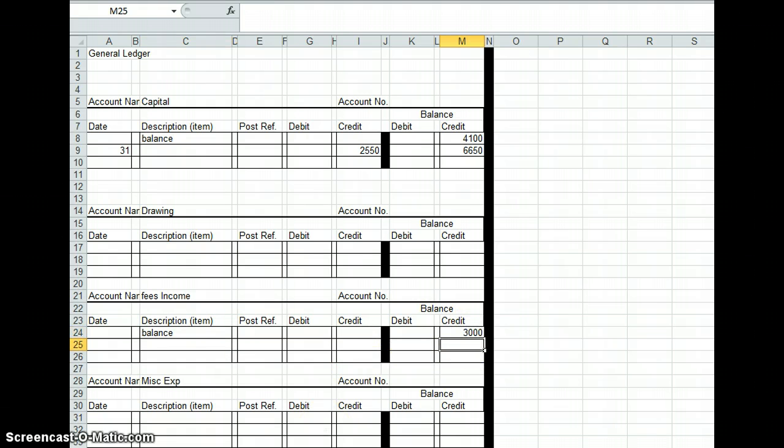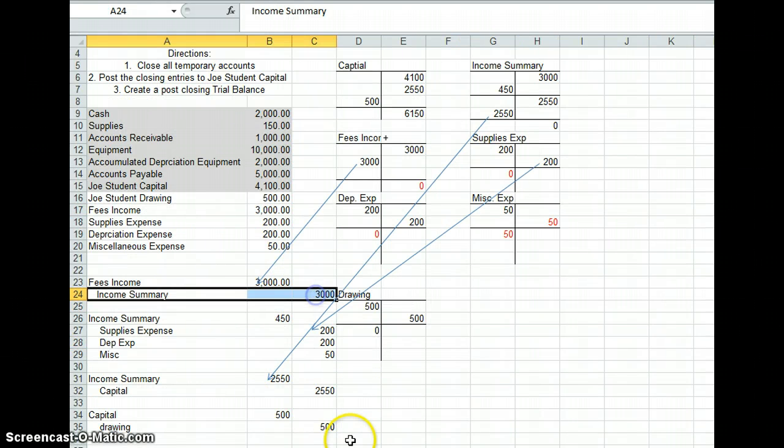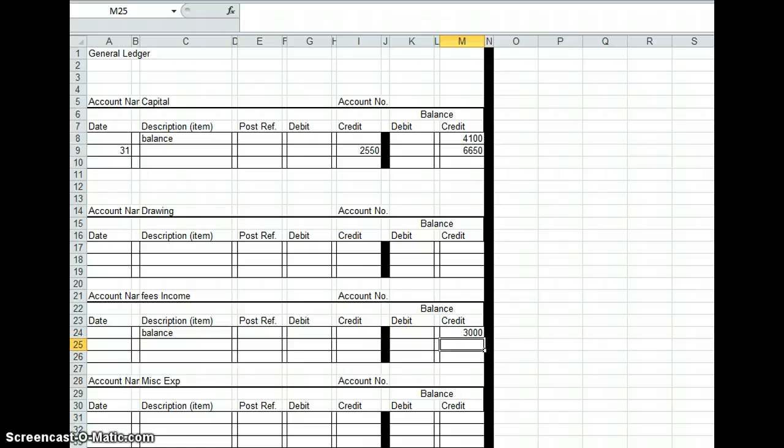And if we look back at sheet 1, what we did to fees income was a debit for $3,000. So if I go to sheet 2 and I come to fees income, I'm going to create a debit. That was my journal entry. And a $3,000 debit and a $3,000 credit is going to give me a 0 in there. And we'll show a 0 balance. That's what we want to see in these ledger accounts.